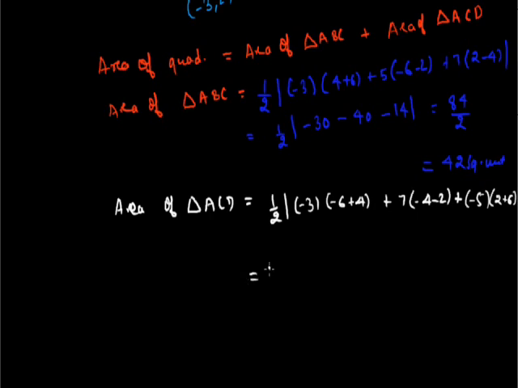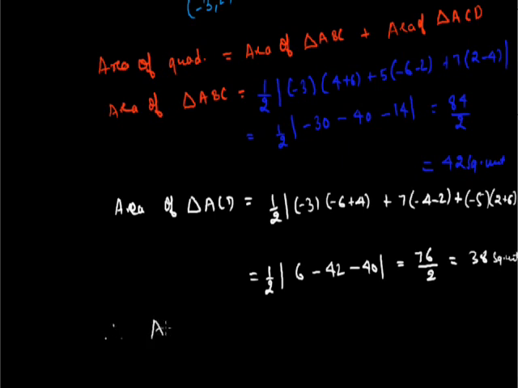So this is equal to half of 6 minus 42 minus 40, so this will be equal to 76 by 2 equal to 38 square unit.